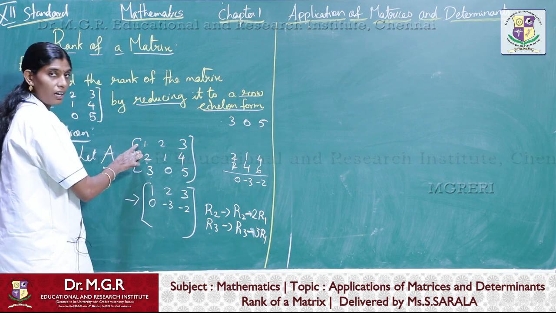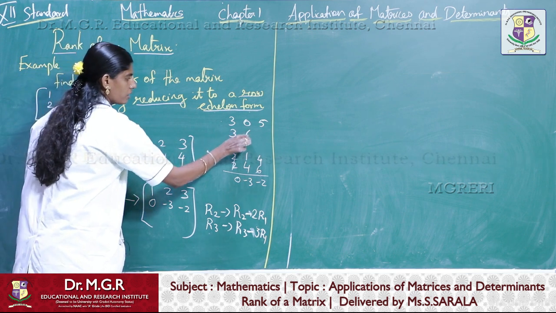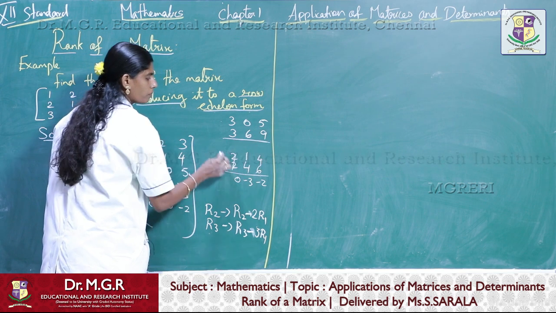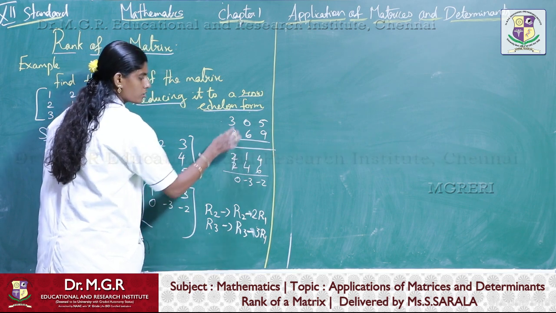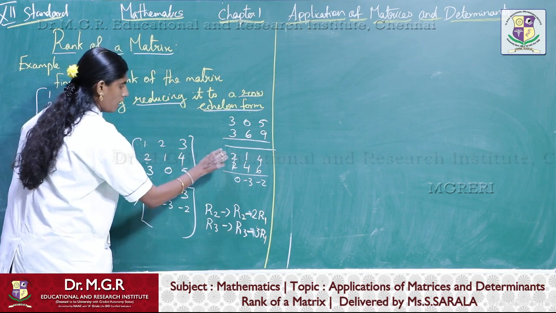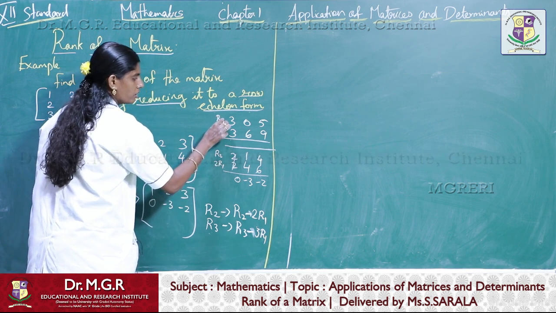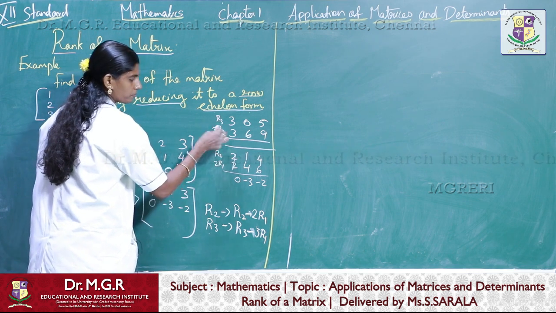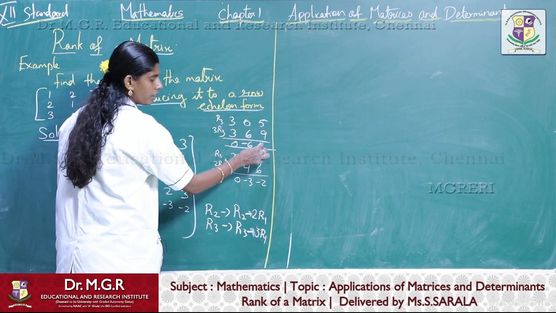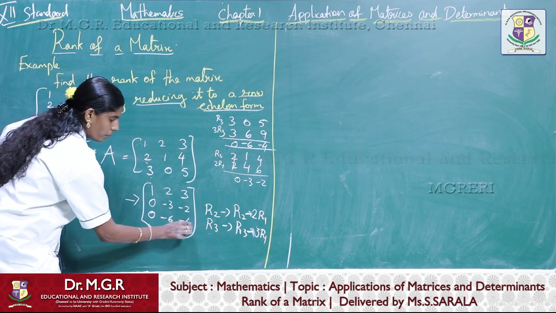Multiplying R1 by 3 gives 3, 6 and 9. Subtracting, this is R3 and this is 3 times R1. So we get 0, 0 minus 6 is minus 6, and 5 minus 9 is minus 4. So I rewrite this as 0, minus 6, minus 4.